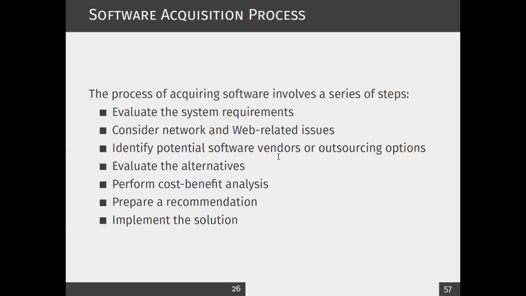That means what companies you are going to consider, what products you are going to consider, so you have to look at the details. After you identify these different software options, you need to evaluate them. We can call it evaluating the alternatives. Then perform cost benefit analysis, which we will discuss later. Then you prepare a recommendation on which software development strategy you are going to use, and then you implement the solution.